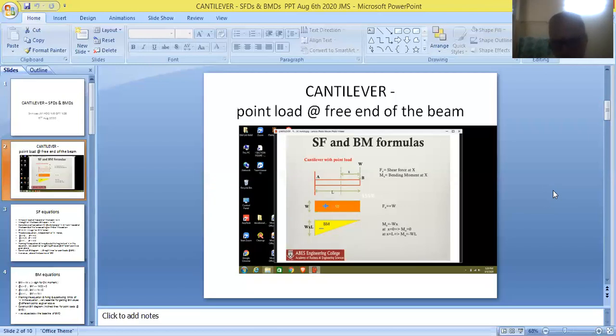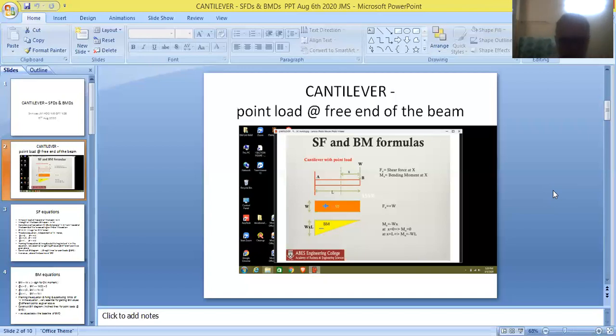So friends, all the positive values, whether it is a shear force diagram or a bending moment diagram, must be indicated above the baseline of the diagram. All the negative values must be indicated below the baseline of the diagram.